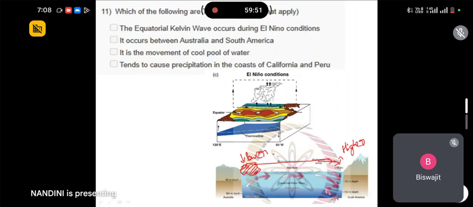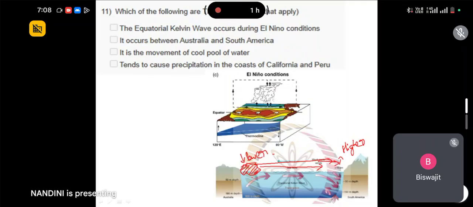It will be nullified. We no longer have the sea surface height difference. So this water will start flowing back to the Eastern Pacific. Once it gets accumulated over the Western Pacific, it begins to flow back towards the Eastern Pacific.